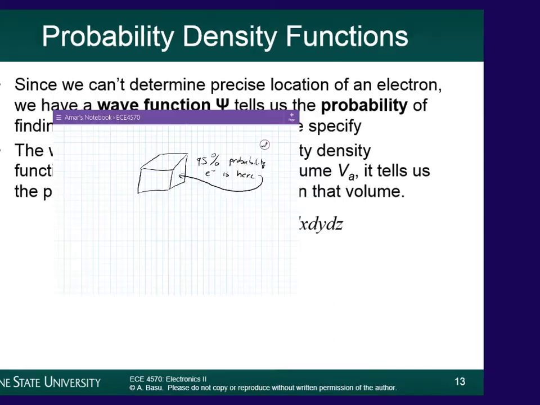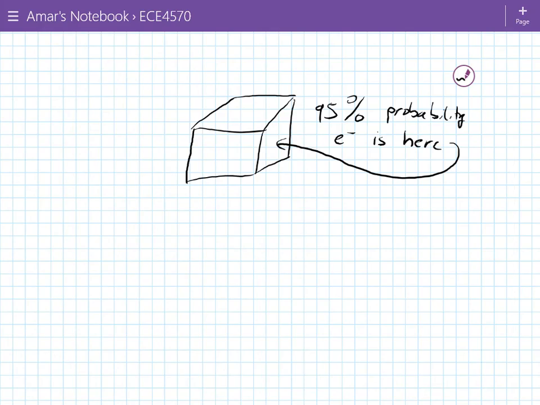So when we're doing the probability density function, we would integrate from, let's say this is x equals 0, this is x equals 1, this is y equals 0, y equals 1, and this is z, z equals 0, z equals 1.